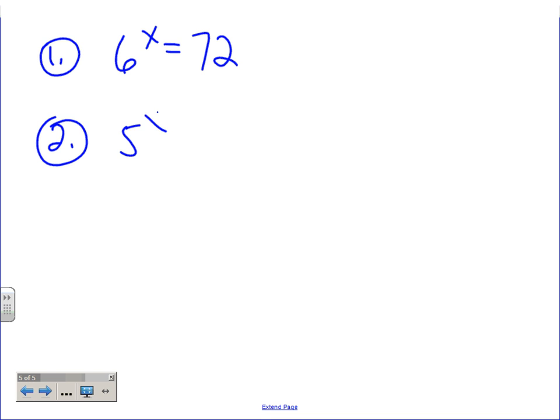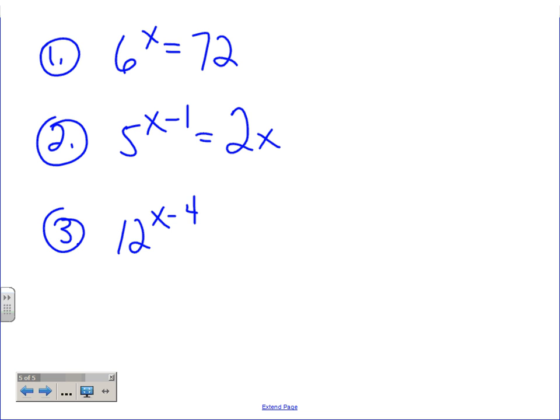More than likely, it won't be perfect because we are rounding in most cases. There's number 1. Number 2. It could be.